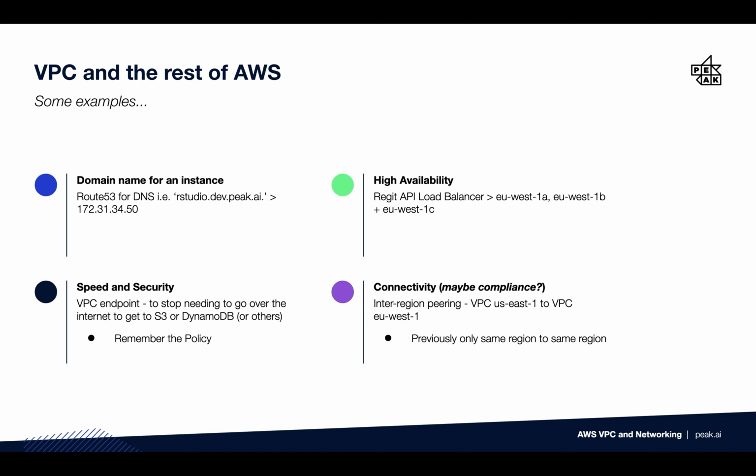If, for example, EUS 1A becomes unavailable for some reason, things like auto-scaling and the launch configuration can be used to automatically spin up a new instance in a healthy availability zone, like B or C. That way you can maintain the number of servers serving the traffic without degradation of your service until EUS 1A is available again.